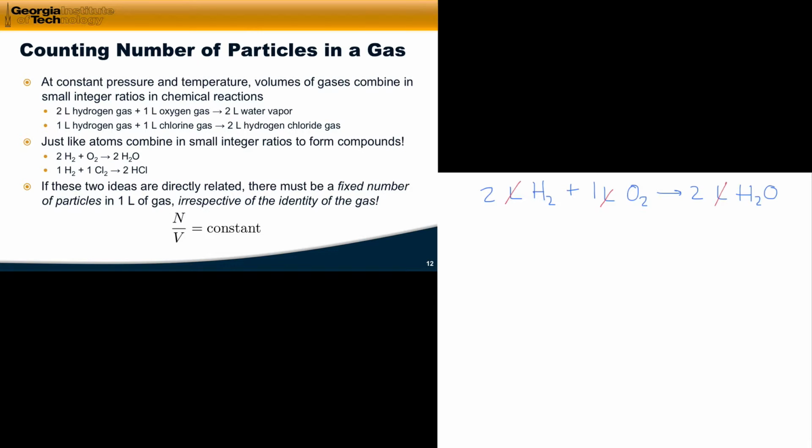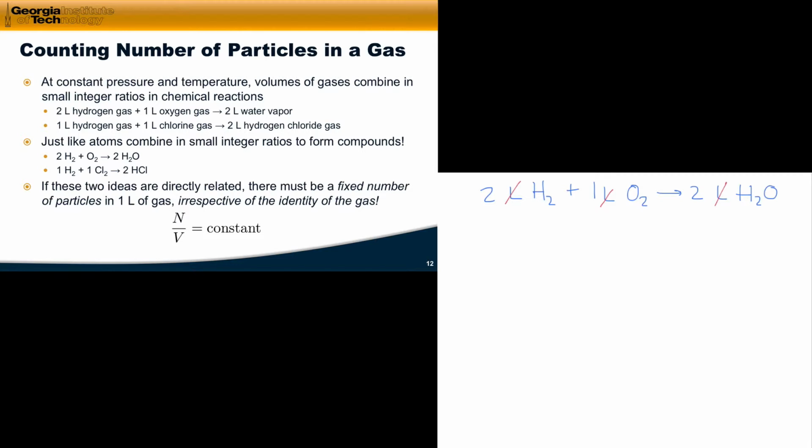Consider the bottom case, 1 liter of hydrogen gas plus 1 liter of chlorine gas. If those two are to combine according to the law of conservation of mass to make 2 HCl, then there must be a fixed number of particles in 1 liter of gas. In other words, the ratio of the number of particles in a gas to its volume is a constant.